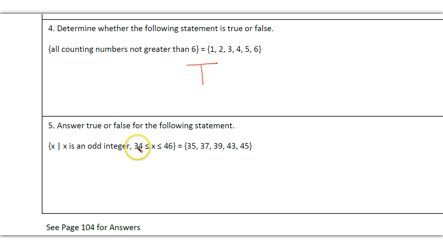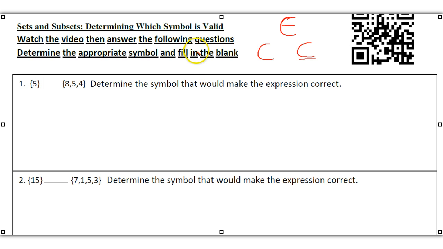So the first odd integer after this even integer would be 35, 37, 39, 41 is missing. So this would be false. It's missing 41.